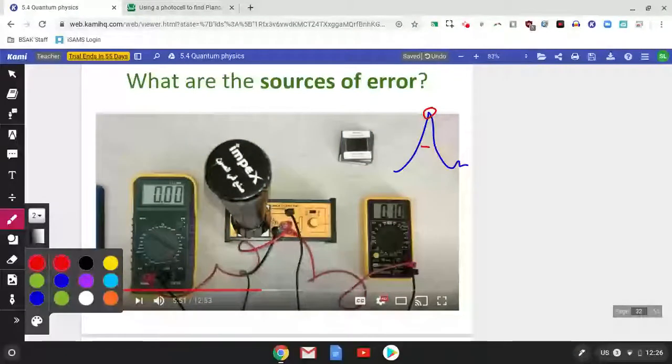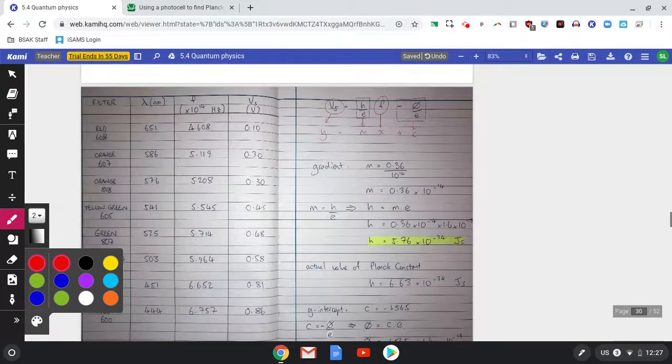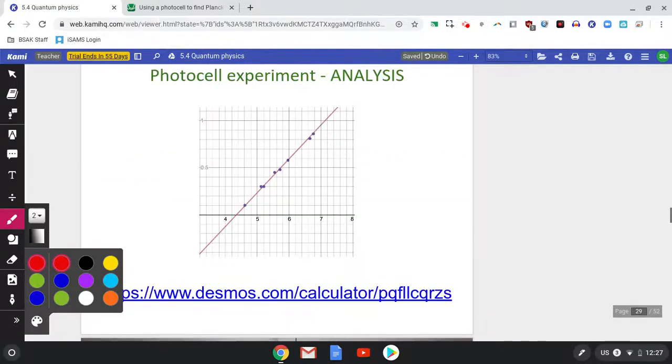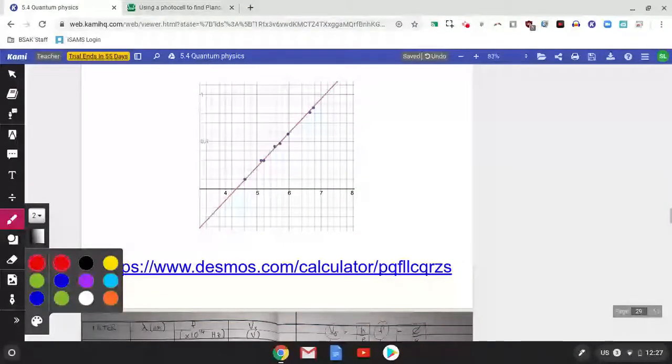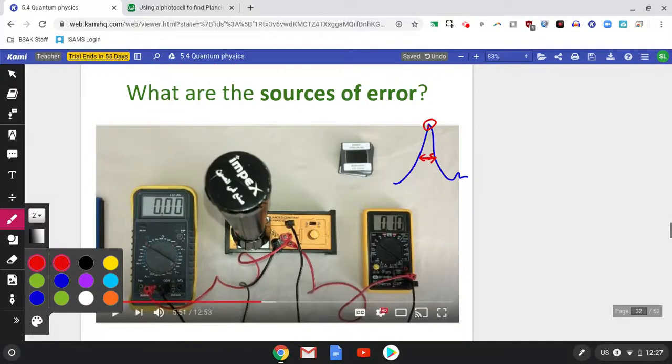Then there are going to be photons of a range of frequencies transmitted by the filter. But if that was a significant source of error, then maybe our points wouldn't be fitting the line of best fit as closely.